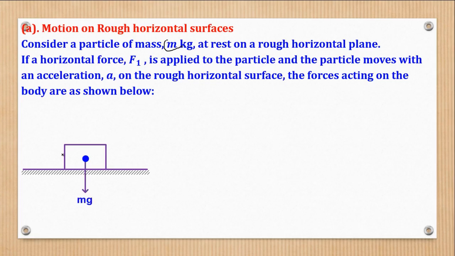And because this weight is resting on the surface, there should be normal reaction. Then they also talked about a horizontal force here, which is pulling, so that is F1. Then that force pulling causes the particle to move in this direction. So the direction of motion is denoted by acceleration. And because the motion is in this direction, friction will oppose the motion. So it will act in the opposite direction.